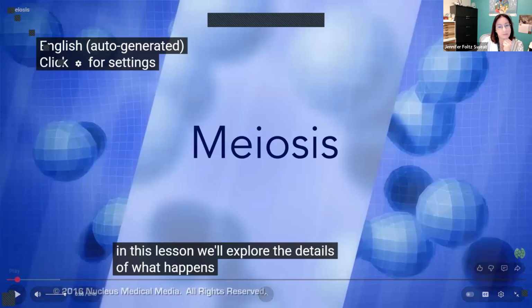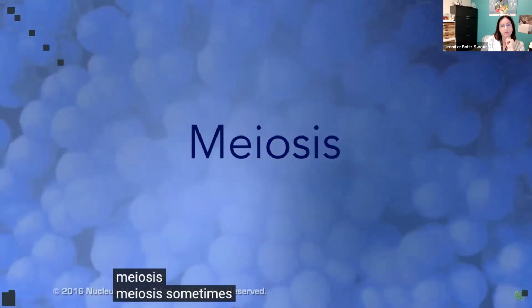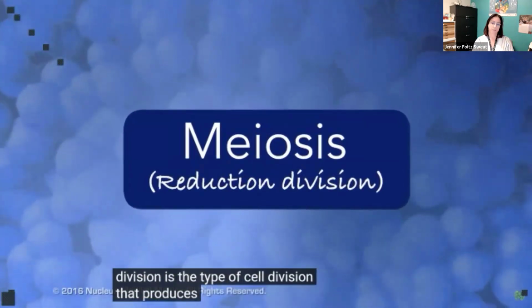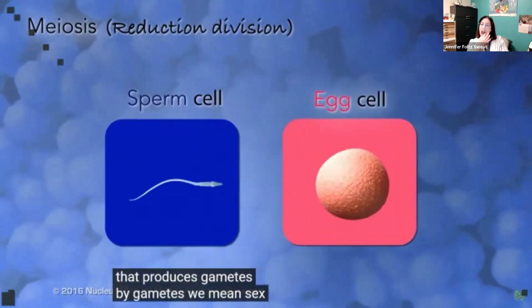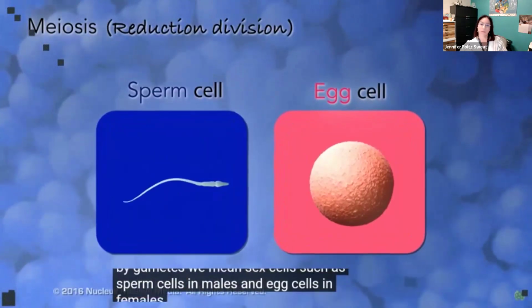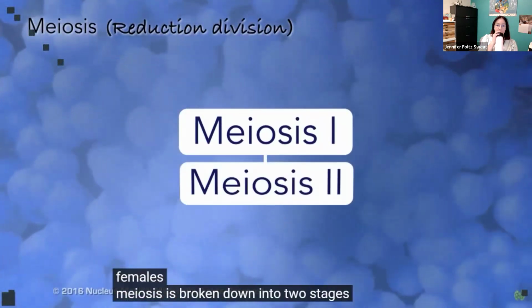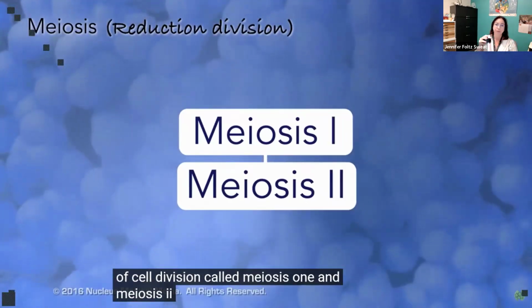Happens during the phases of meiosis. Meiosis, sometimes called reduction division, is the type of cell division that produces gametes. By gametes, we mean sex cells, such as sperm cells in males and egg cells in females. Meiosis is broken down into two stages of cell division, called meiosis I and meiosis II.